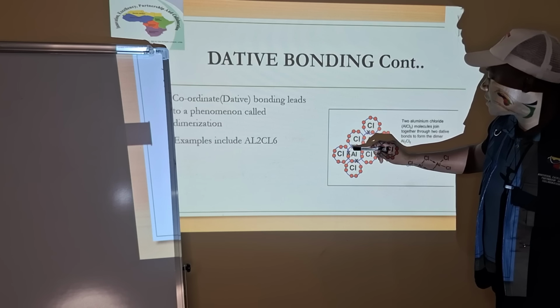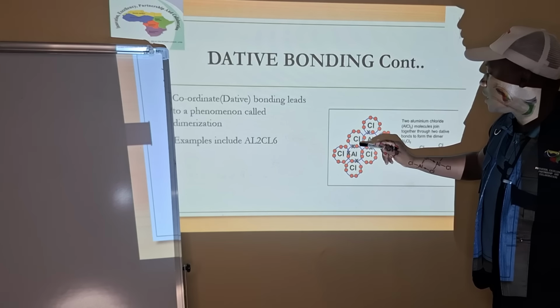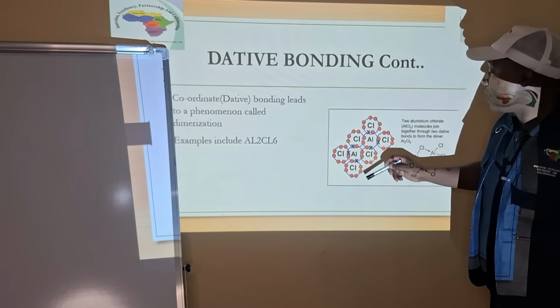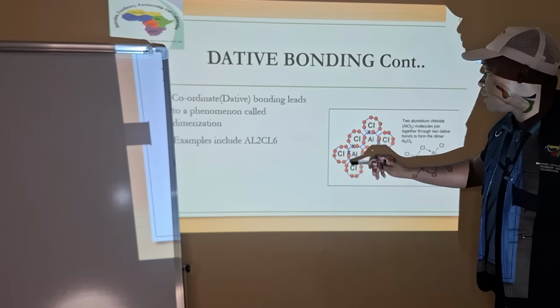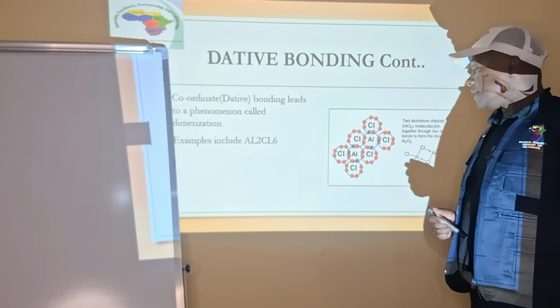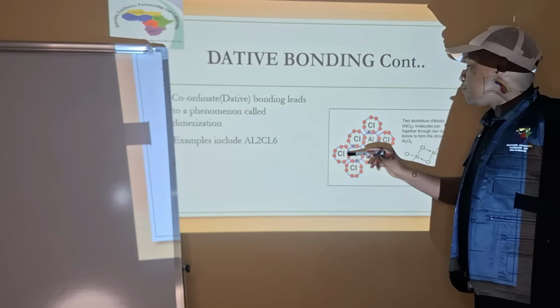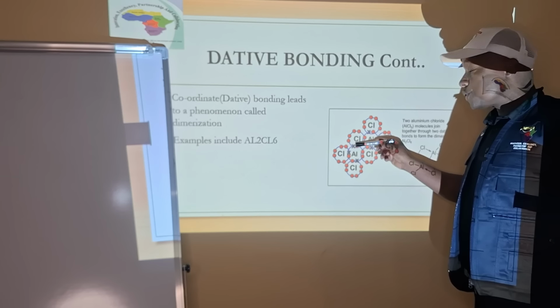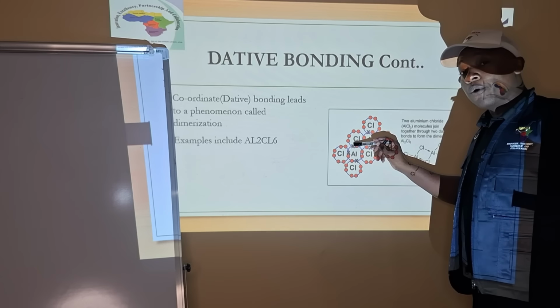So when this electron from aluminium shares with this electron from chlorine, we can see that chlorine has attained stability. All the chlorine atoms here now have 8 electrons in their outermost shell and they've attained stability. But when we look at aluminium now, it only has 2, 4, 6, okay? Because it has only 6 electrons, it means it's not stable.